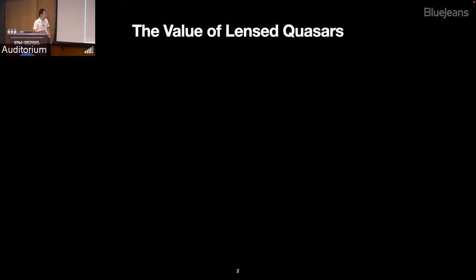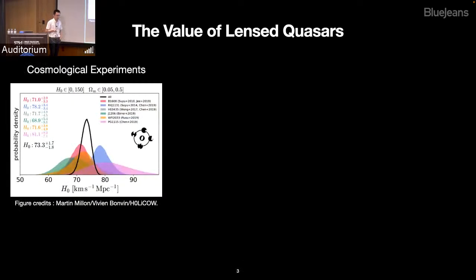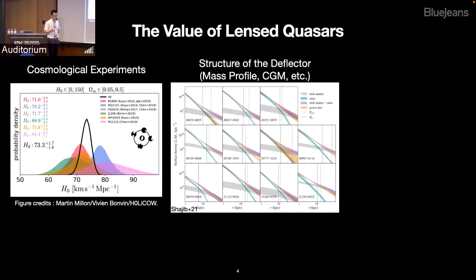All right, lens quasars. We all know that gravitationally lensed quasars are very valuable, useful objects in astronomy because they enable many important studies. For example, people have been using lensed quasars to measure key cosmological parameters, especially the Hubble constant. We can also use lensed quasars to probe the structures of the foreground lensing galaxy, especially their mass profiles and their CGM structures.